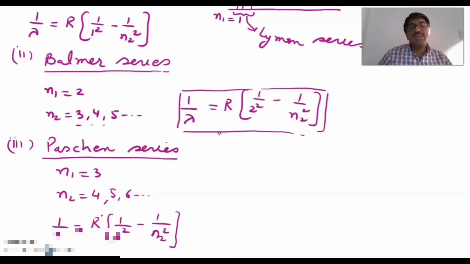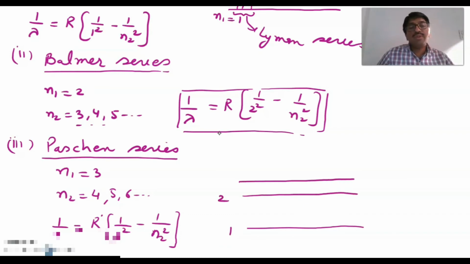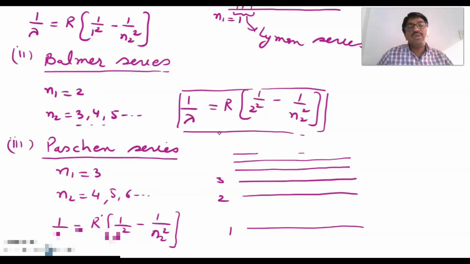This is for Paschen series, and we can understand by, suppose this is level 1, level 2, level 3, 4, 5, 6. The difference between the two levels continuously decreases as the number of levels increases.